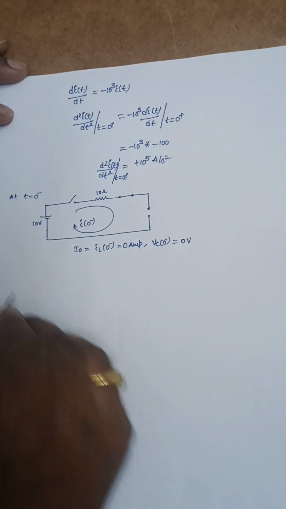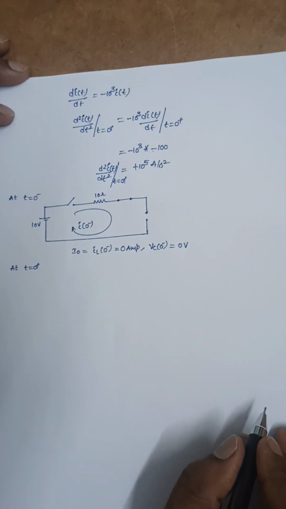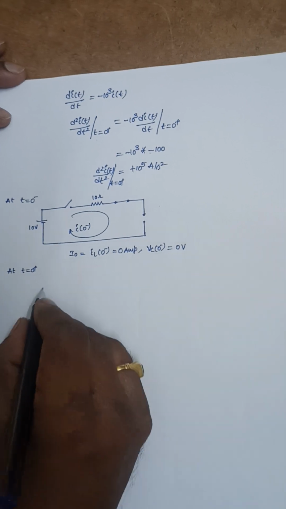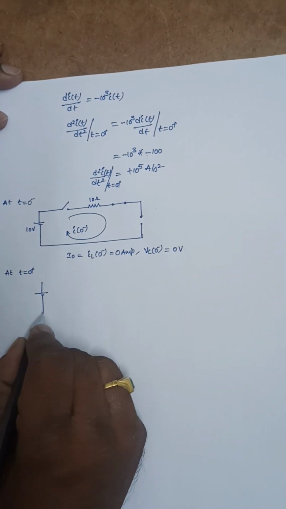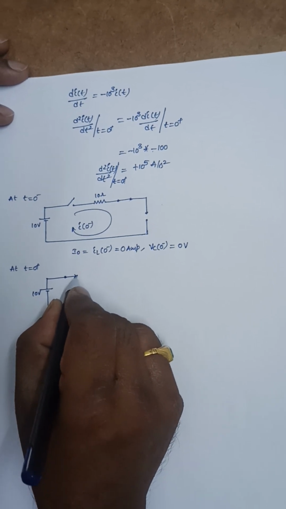Next, at t equal to 0 plus, we need to draw the same circuit by switching on the supply. Just after the switching action is done, it is 10 volts. The switch is closed here.